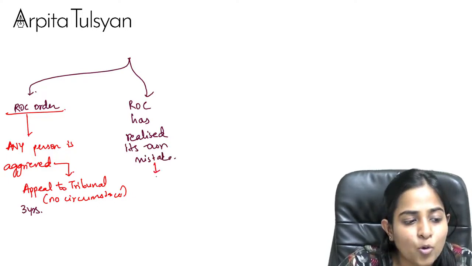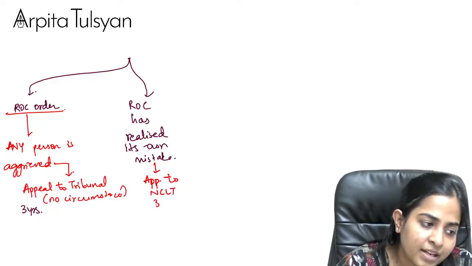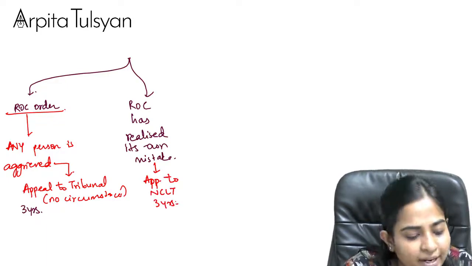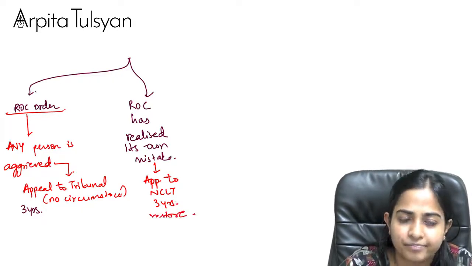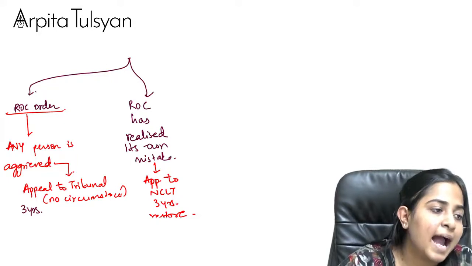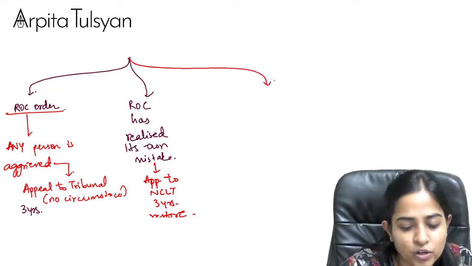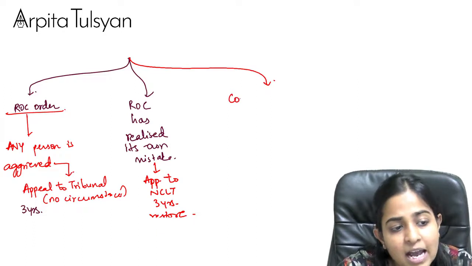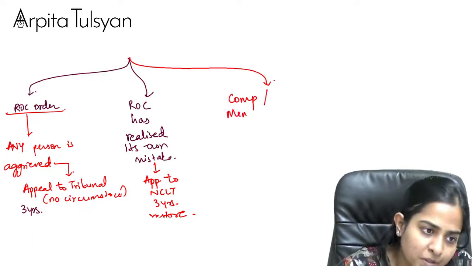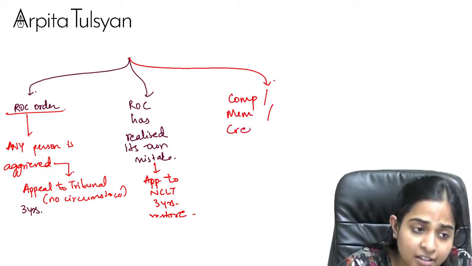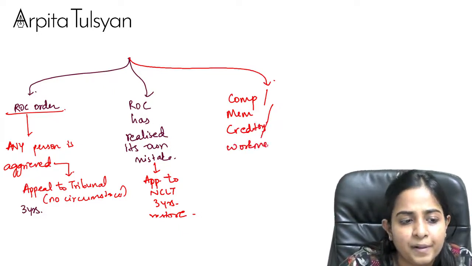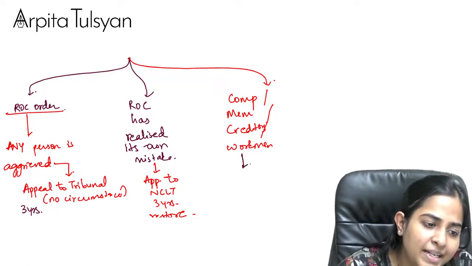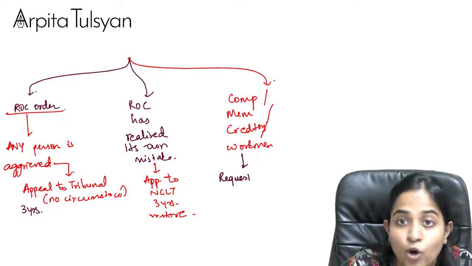Then it can make an application to the NCLT within 3 years, saying let's restore it. And the last one was the case where the company or its members or creditors or the workmen just make an application. We can say a request application, not an appeal.